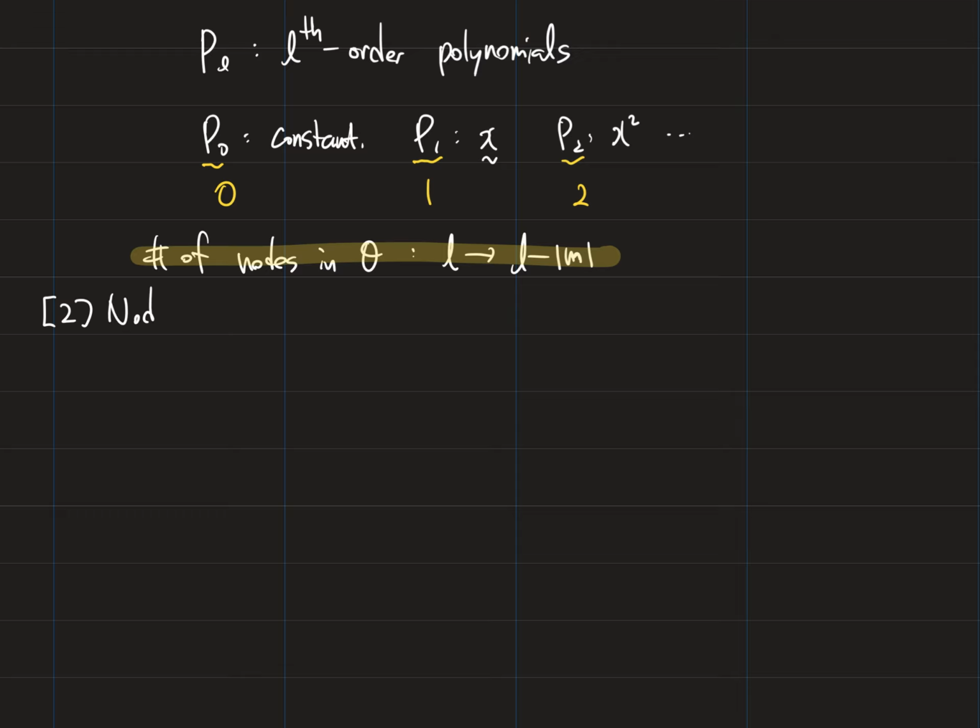And we are going to discuss nodes in phi. So we need to take a look at the functional form of capital Phi. It is like A_m, the normalization constant, multiplied by e^{imφ}. For sure, m should be an integer, right, less than or equal to L.